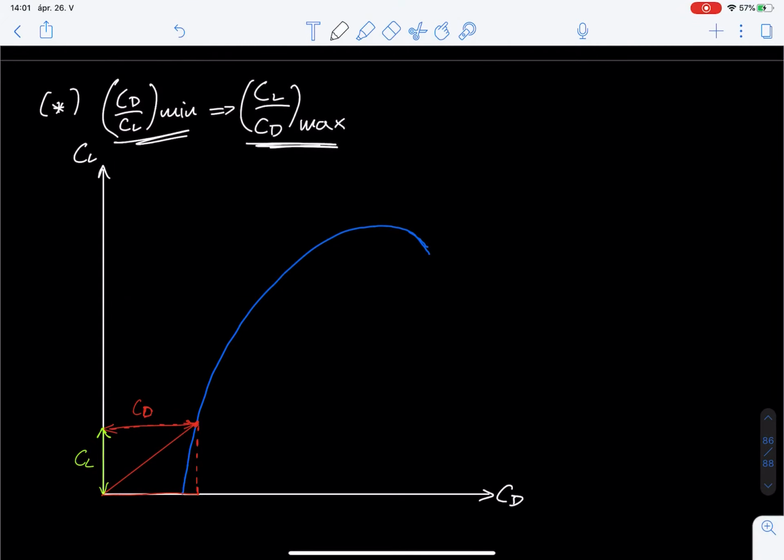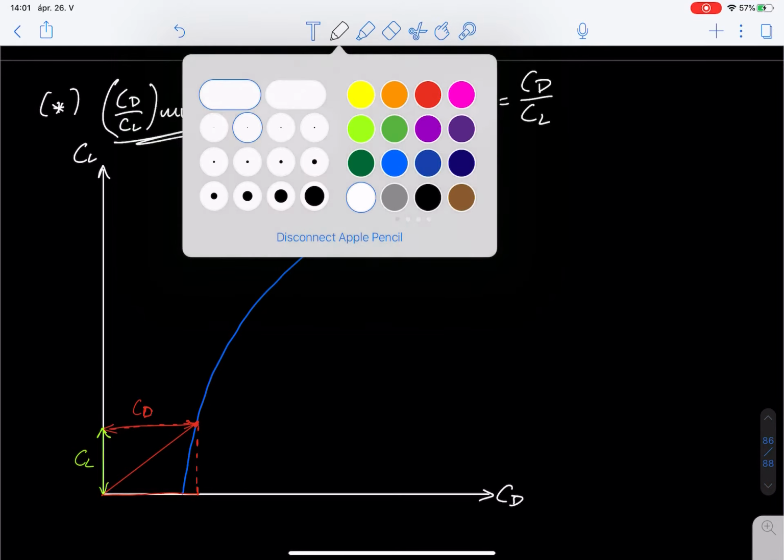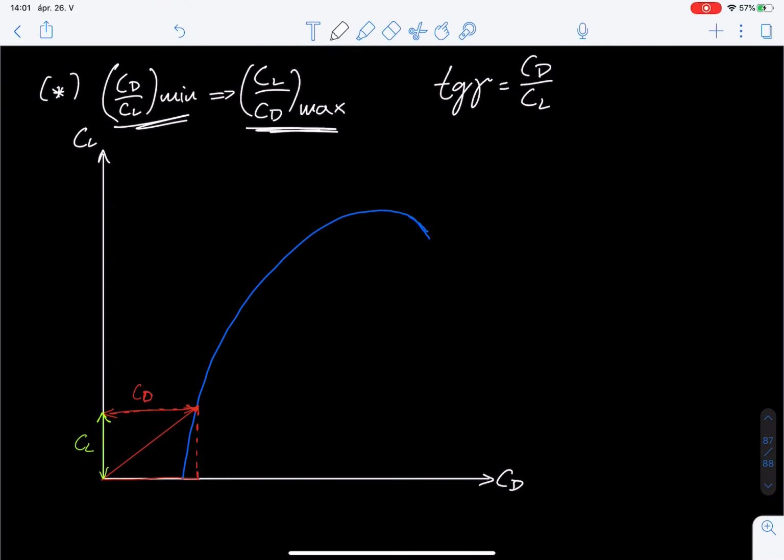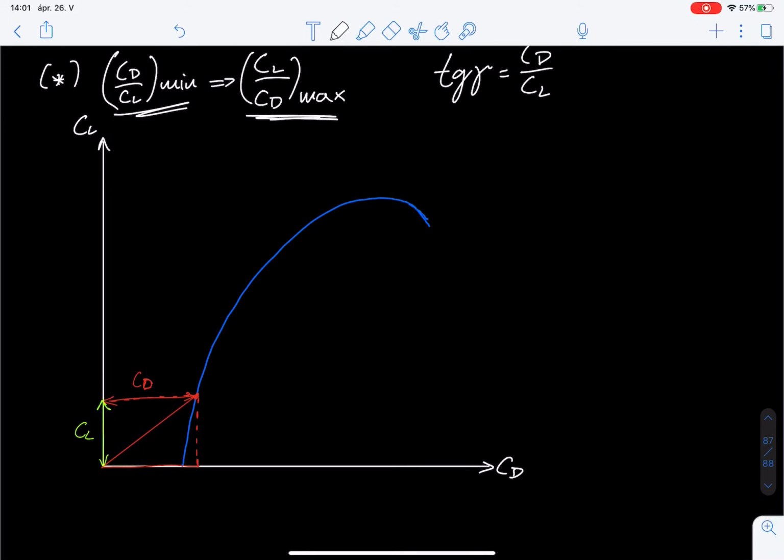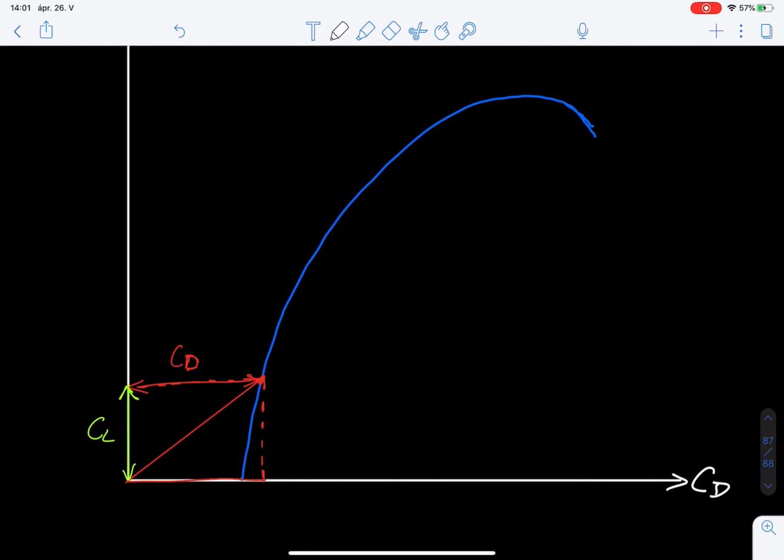So you're looking to minimize, and again, the tangent of gamma was the CD/CL. So can you find the angle which has on the opposing side the drag coefficient, and on the adjacent side the lift coefficient? I'll give you guys a little bit of time in this triangle. So of course it's going to be this angle right here, right?